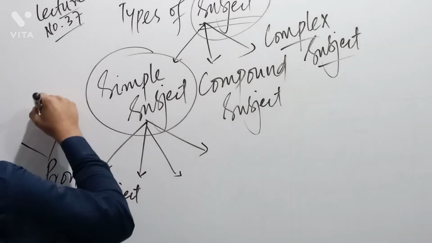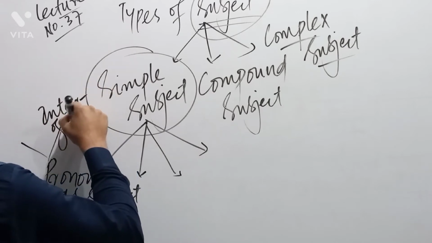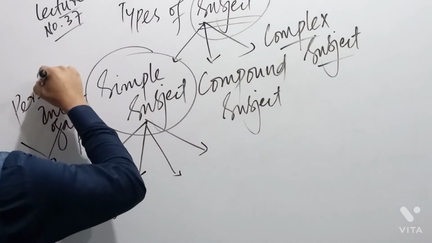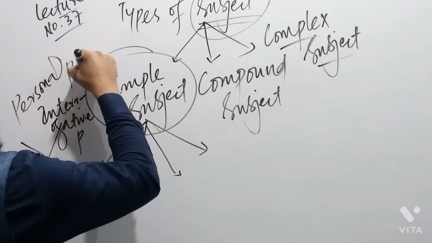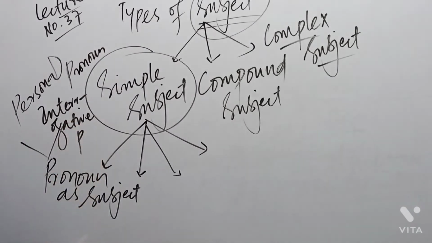One is interrogative pronoun, and the second is called personal pronoun. Interrogative pronouns and personal pronouns are used as subjects.